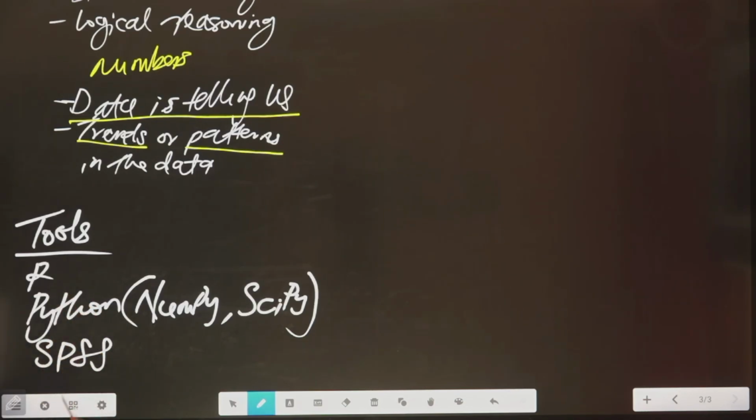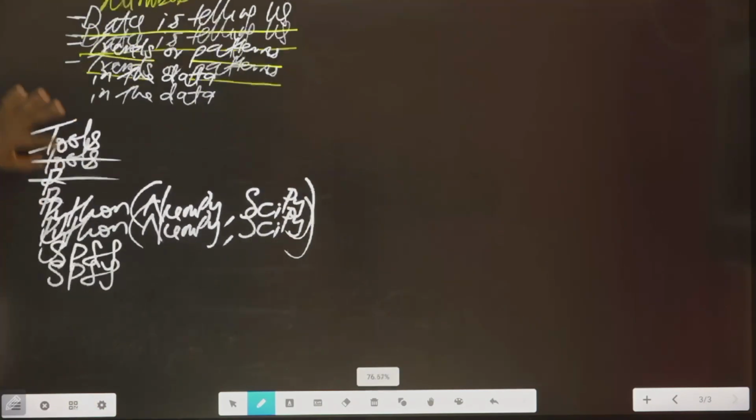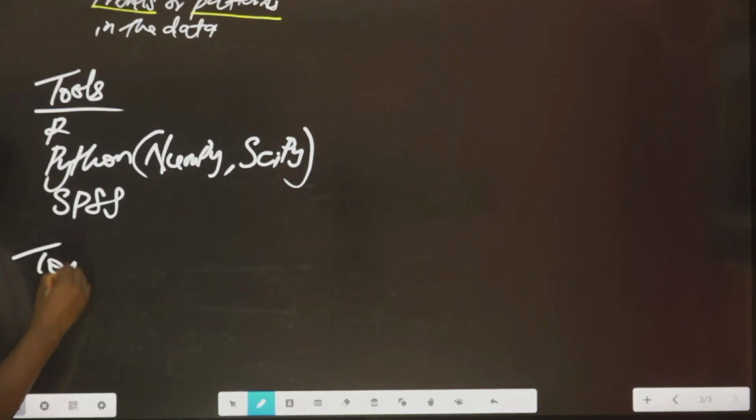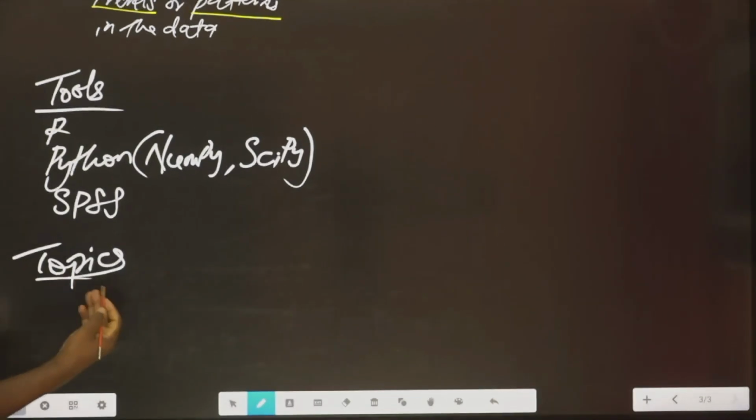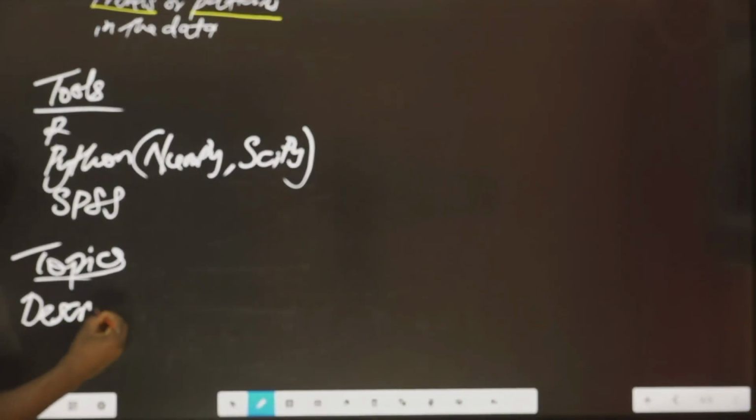SPSS can also help you, especially those that are doing their PhD, master's, research, you will see that you use SPSS a lot. So the topics you need to go for are descriptive statistics.